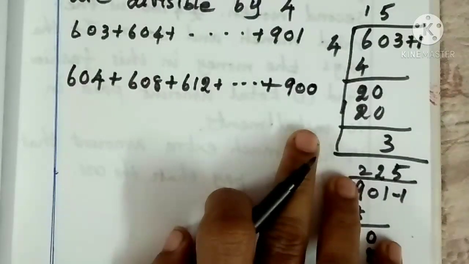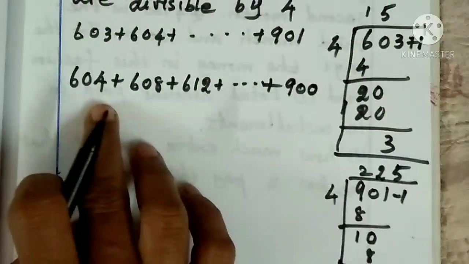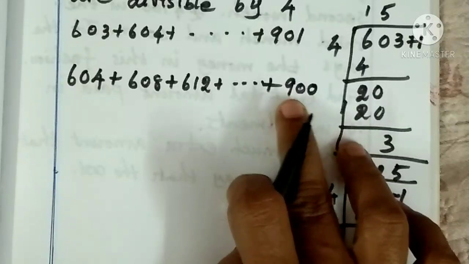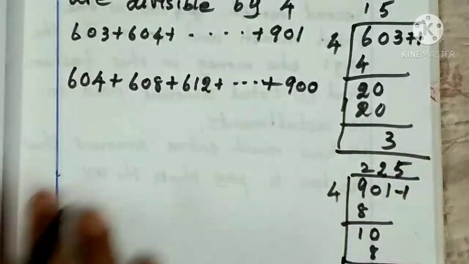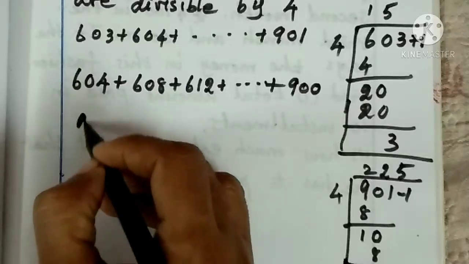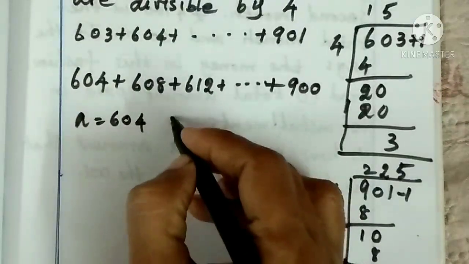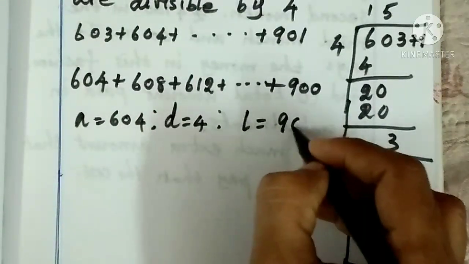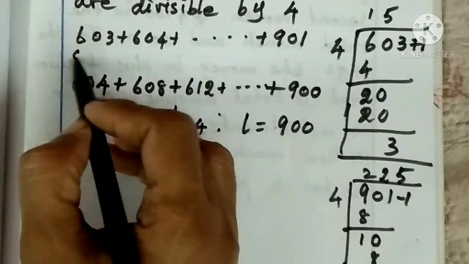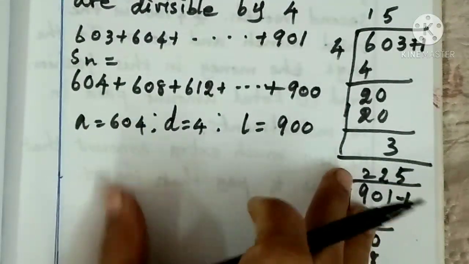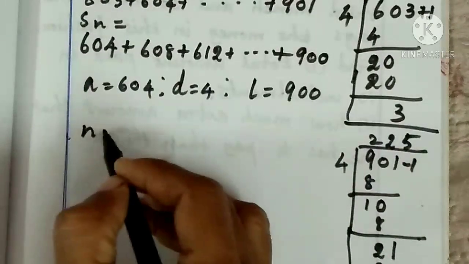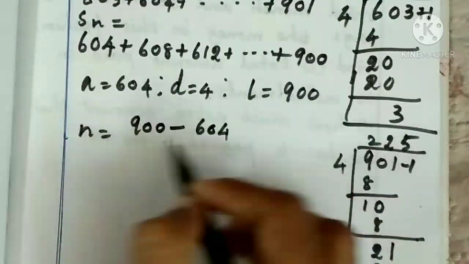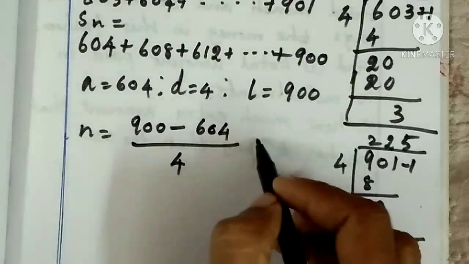So, let us see, 604 is exactly divisible by 4, and the last number 900 is also exactly divisible by 4. Now you have to find the sum. Here a is equal to 604 and d is equal to plus 4. Then the last number l is equal to 900. For finding Sn, here also we need the value of n. Therefore, n is equal to (last number 900 minus first number 604) by common difference 4, plus 1.